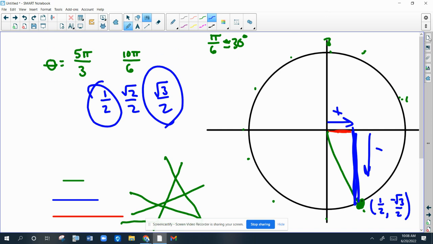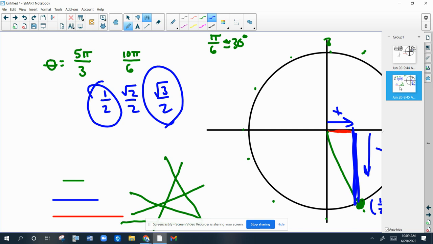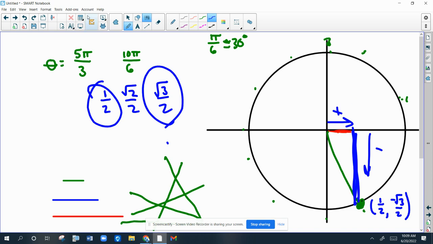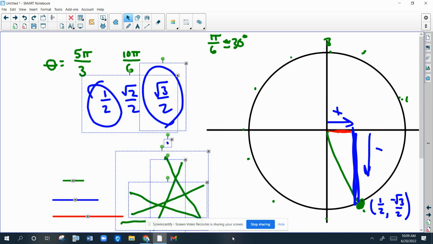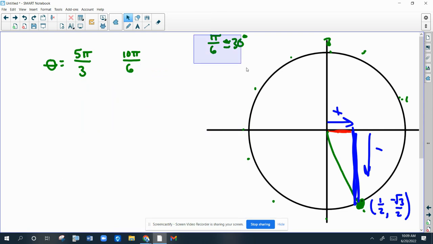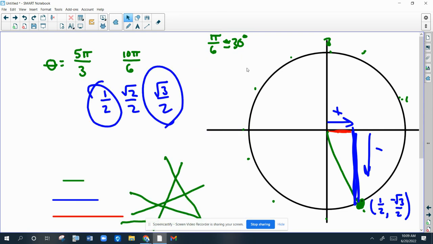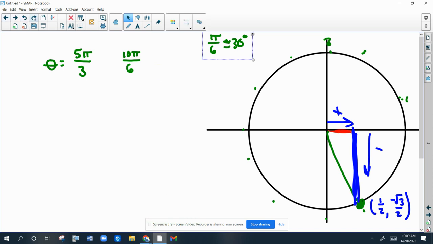So now I'm going to find out all the trig values of that. Once you have the point established, which I do right here, we can now come up with all the trig functions.